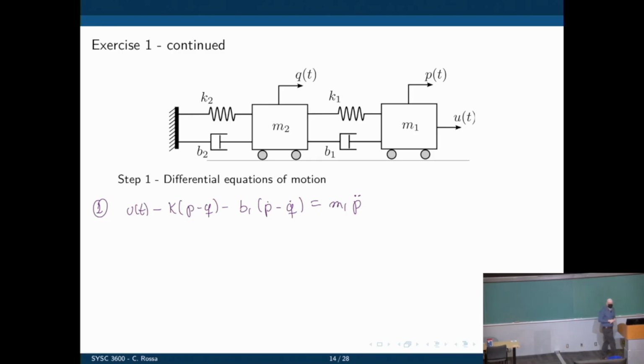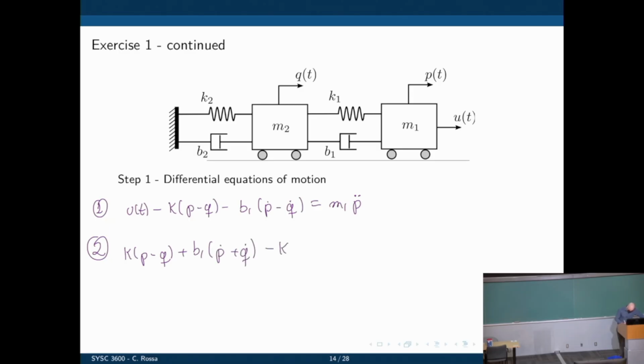Yeah. What is the equation for mass 2? Well, now this damper and the spring are applying force to mass 2, but they are making the mass move towards the positive direction, so they are positive forces now.